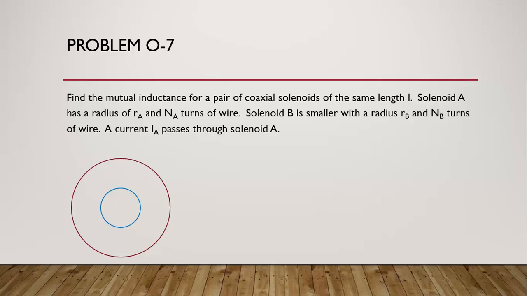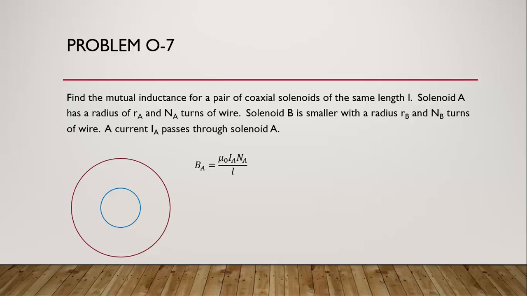So let's test this out. Let's find the mutual inductance of a pair of coaxial solenoids with the same length L. Solenoid A has radius RA and NA turns of wire. Solenoid B is smaller, with radius RB and NB turns of wire. I'm going to pass a current IA through solenoid A, which is the bigger of the two.